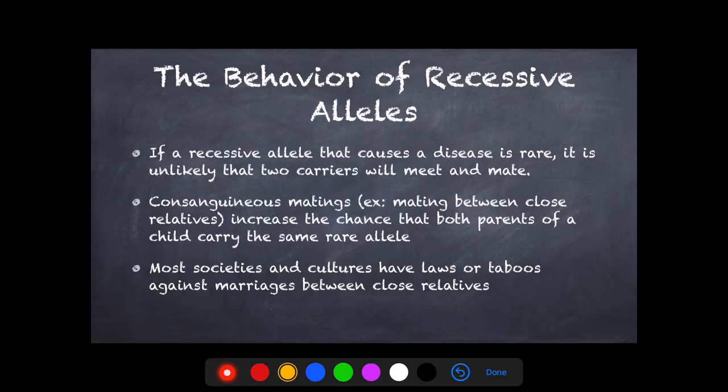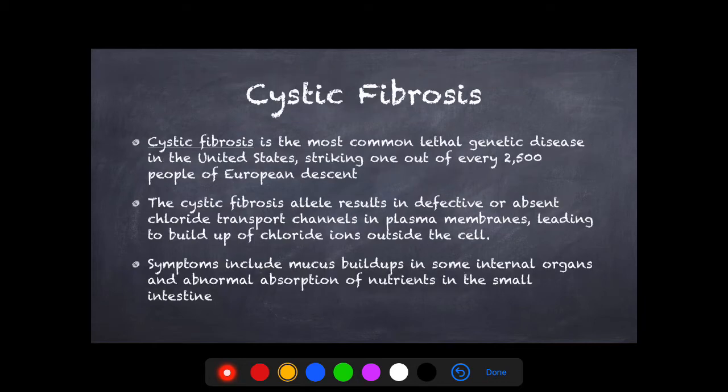And that can be pretty dangerous because of the genetic disorders that can come with that. That also increases the chance that you could have both parents carrying the same rare allele that could cause a recessive disorder to occur in their offspring.